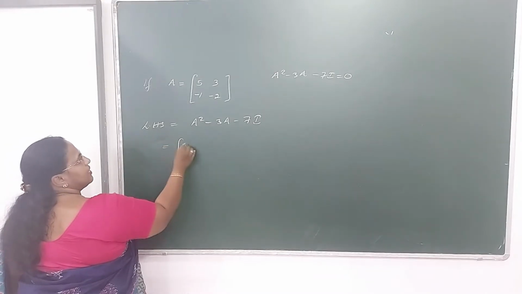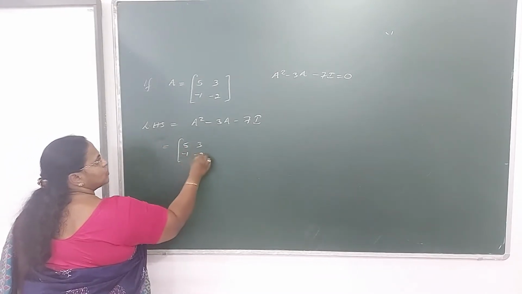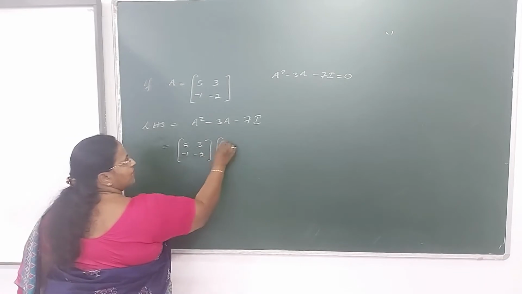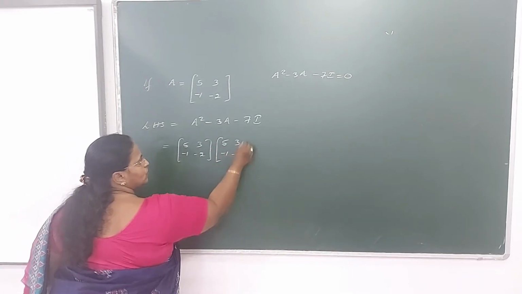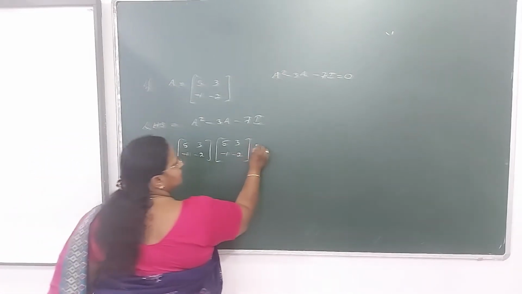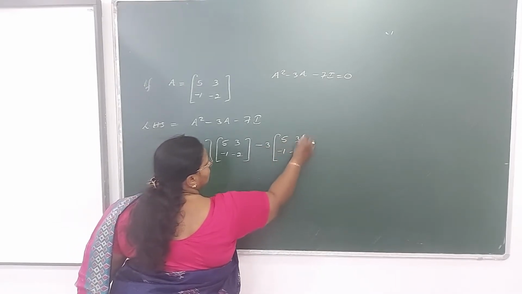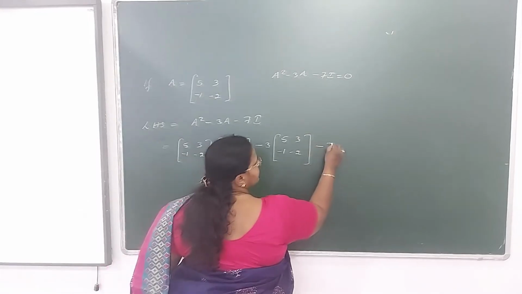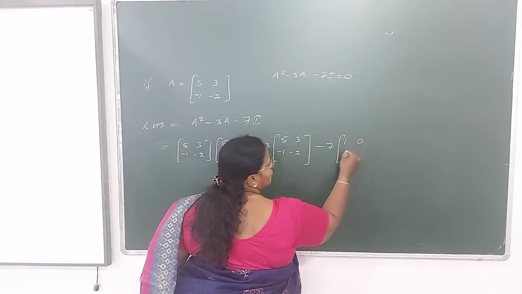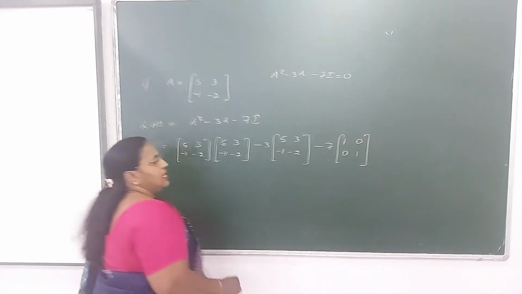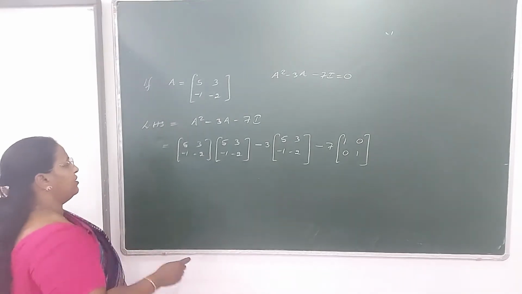What is A? A is 5, 3, minus 1, minus 2, into the matrix 5, 3, minus 1, minus 2. Minus 3 times A, so it's 3 times 5, 3, minus 1, minus 2. Minus 7 times I, so it's 7 times 1, 0, 0, 1. Let us find out the value of each and every term.